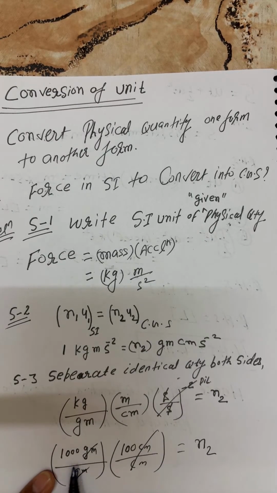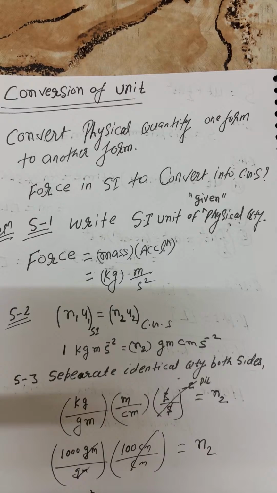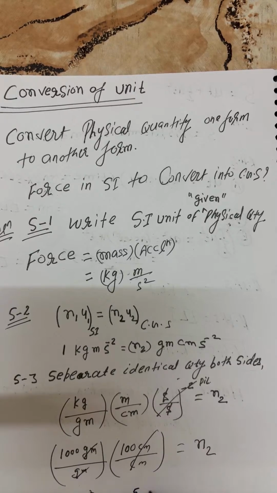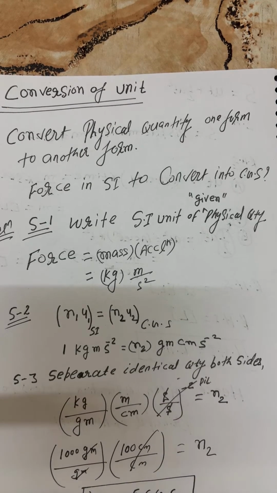So this is 10 to the power 3 and 10 to the power 2. So you can simply write n2 is equal to 10 to the power 5. If you don't know the CGS unit of any physical quantity, you can write it in CGS as well.